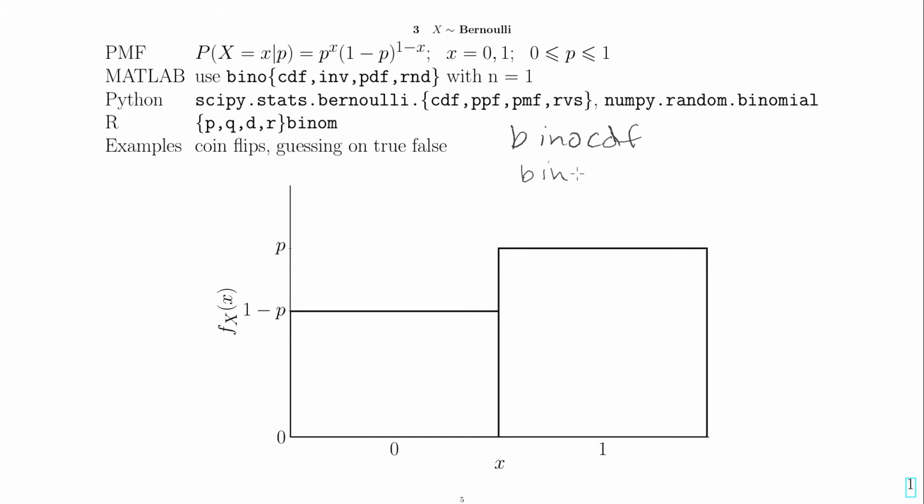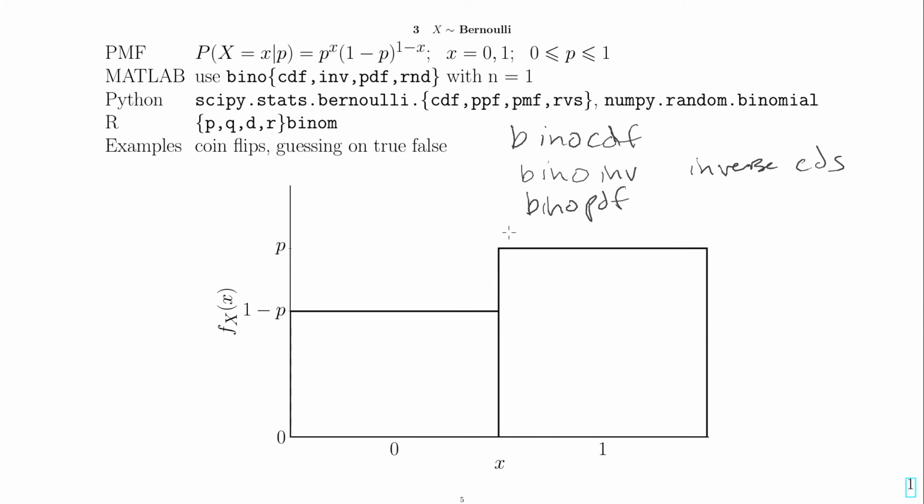Binoinv is the inverse CDF. I'm going to go over that a little after these slides, just to show you how that works, because it's useful for certain things like calculating p-values and confidence intervals. Binopdf.